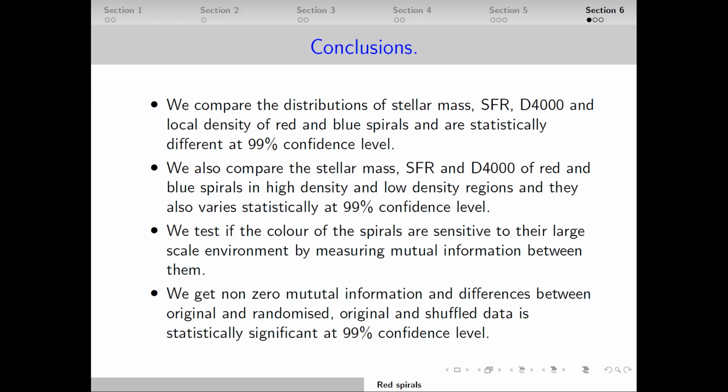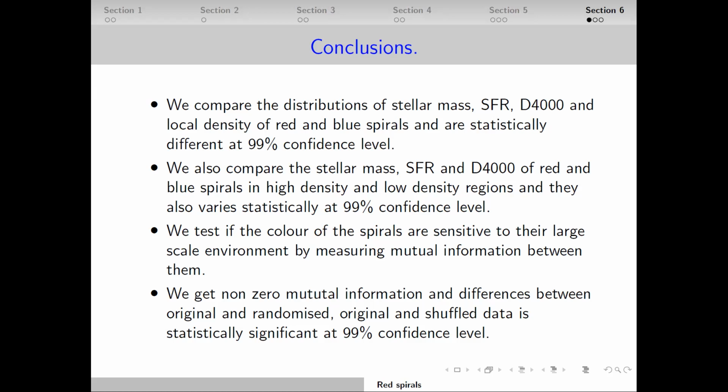And there also we find that the differences in the distributions of observed properties are statistically different at 99% confidence level. From this, we infer that the differences in the distribution are not occurring due to the local environment associated with red and blue spirals, and assembly history of the spirals also plays a role in creating these differences.